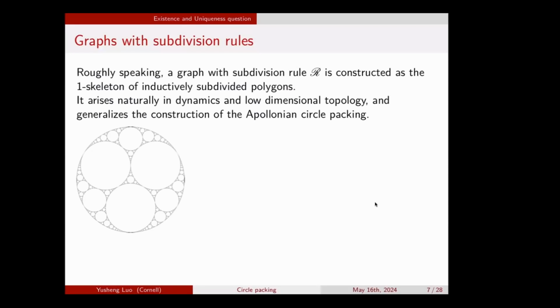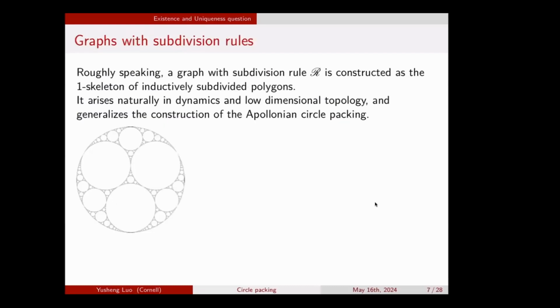They arise naturally because we have some kind of a Markov partition, and the subdivision rule encodes these Markov partitions. And in contrast with these infinite triangulations, these infinite graphs are usually not locally finite, and they're not triangulations. So it's a different setup compared to the usual settings which have been studied extensively.